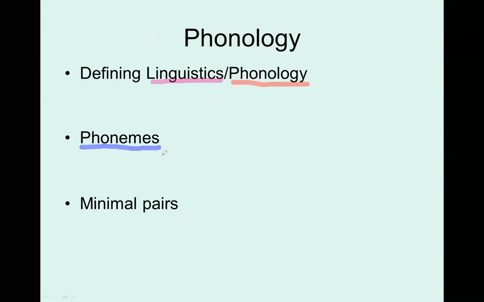And a phoneme is what we call the smallest linguistic unit. And hint, when I slow down my pace a lot, you might want to be writing this down. Smallest linguistic unit capable of changing the meaning of a word.